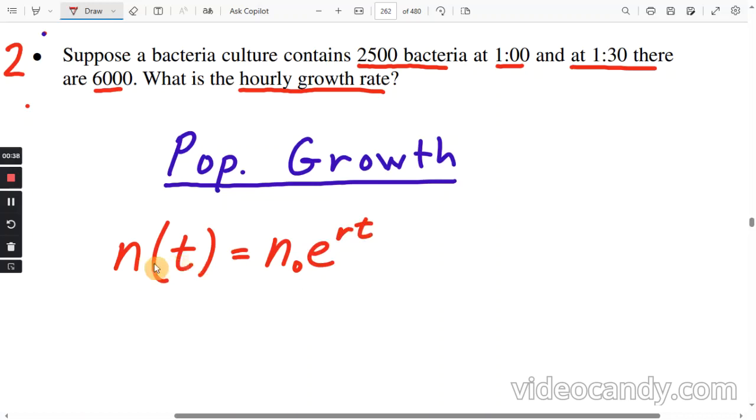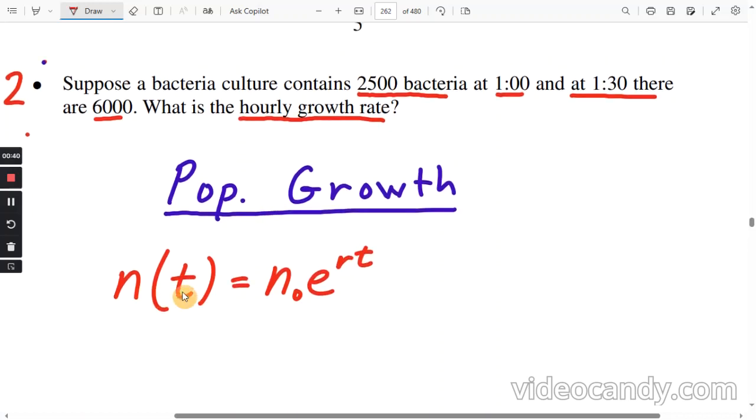N of t is the ending value of the population growth, so at 1:30, there's 6,000. That's going to be your N of t. N sub 0 is the population at time 0, your starting population, so that was 2,500. e is a number, R is what we're solving for.